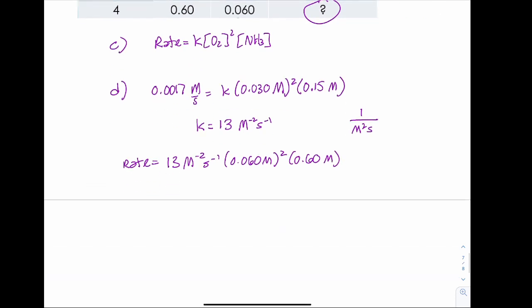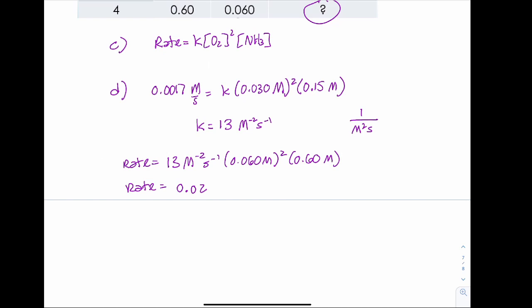So getting my calculator again. And I got 0.028.